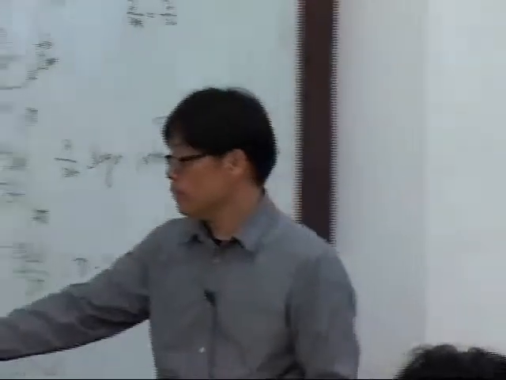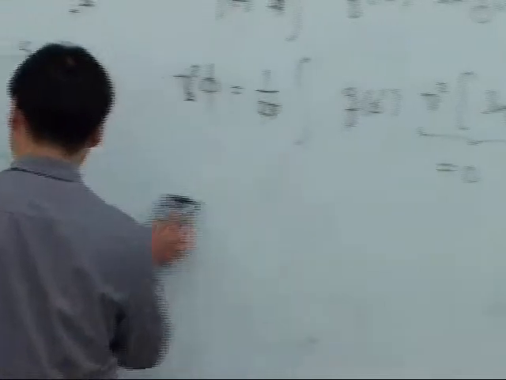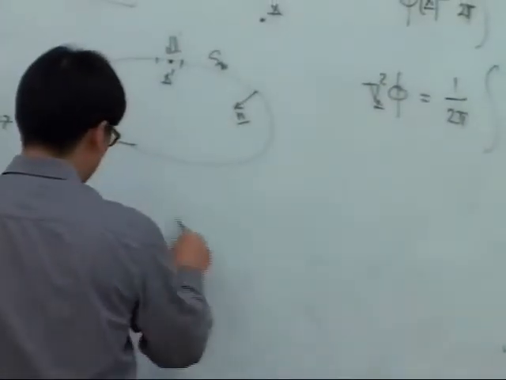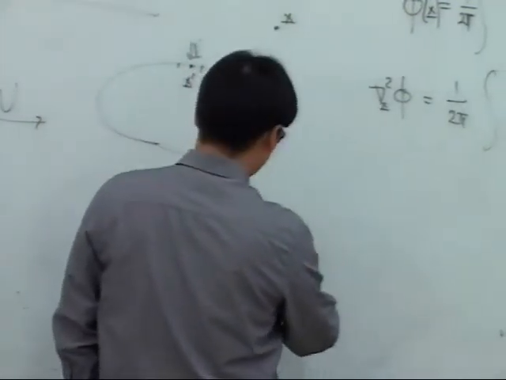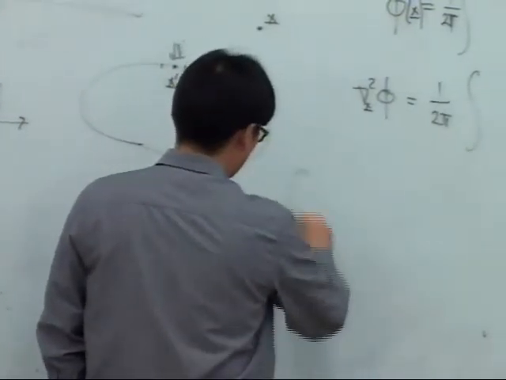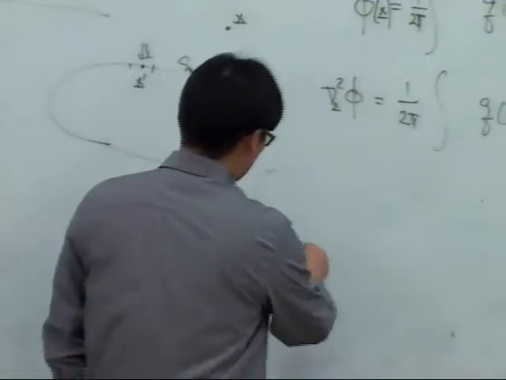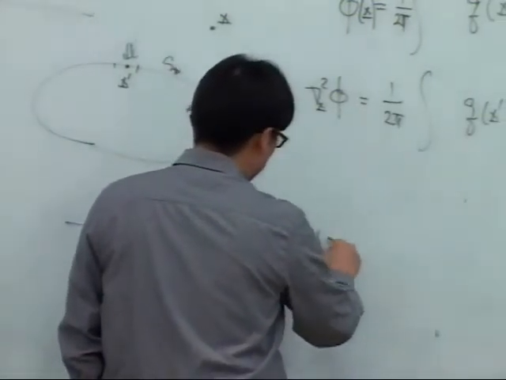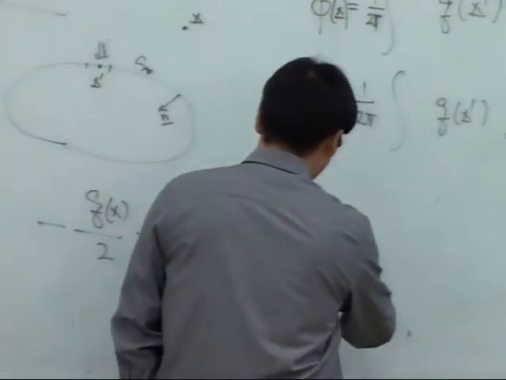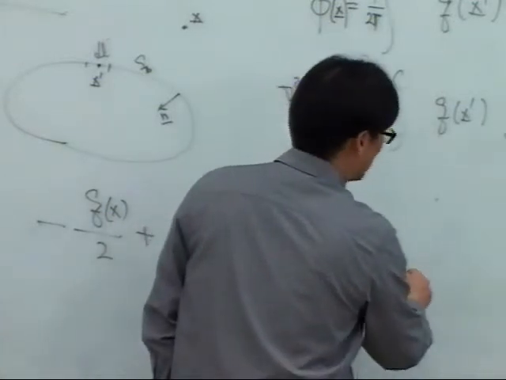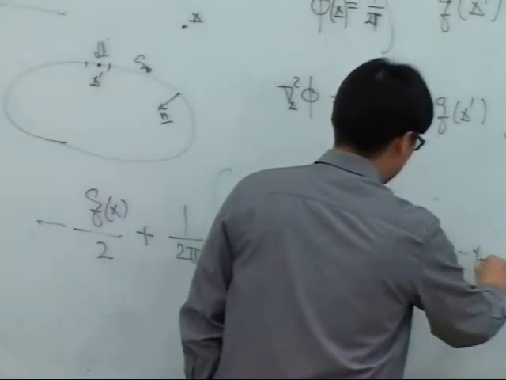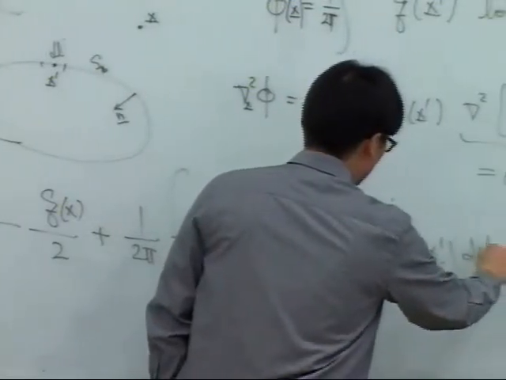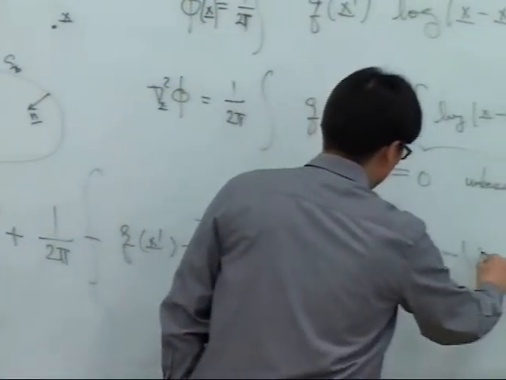So this term gives you minus q(x) divided by 2 plus 1 over 2 pi integration of q(x prime) ∂/∂n log |x minus x prime| dl prime is equal to minus U_n(x).